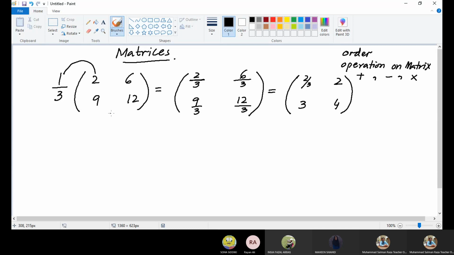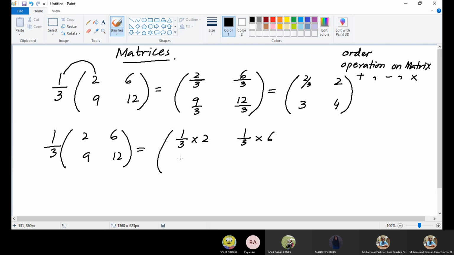Many of the students say that division is happening in matrices, but what is actually happening is you need to look at the question again. Basically 1 upon 3 is going to multiply with 1 upon 2, and 1 upon 3 is going to multiply with 6, and then 1 upon 3 is going to multiply with 9, and then 1 upon 3 is going to multiply with 12.